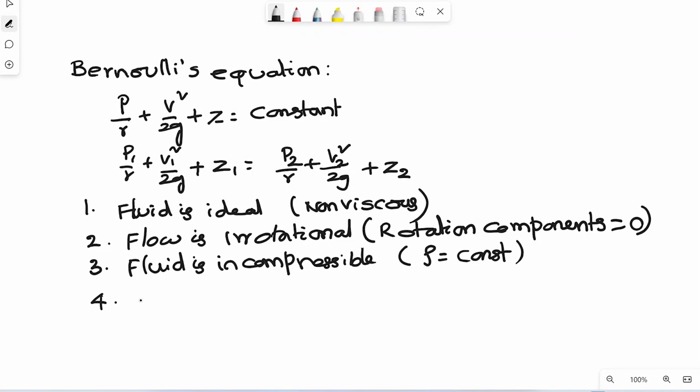The fourth one is that the flow is steady. So these are the flow assumptions involved in Bernoulli's equation.